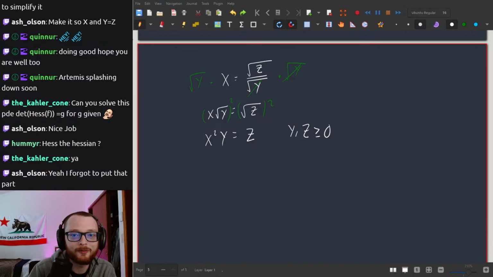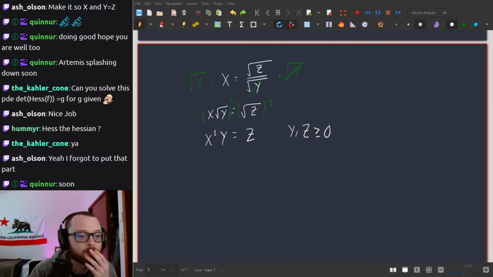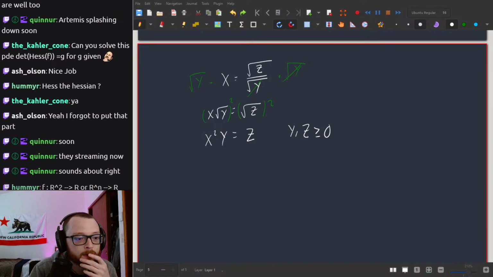I wonder what time the Artemis is actually splashing down? Splashdown time soon. They're streaming now? Maybe we'll have that up in the background and check in on it. Google AI says it's in like an hour and 10 minutes. If you trust frickin' Google AI.